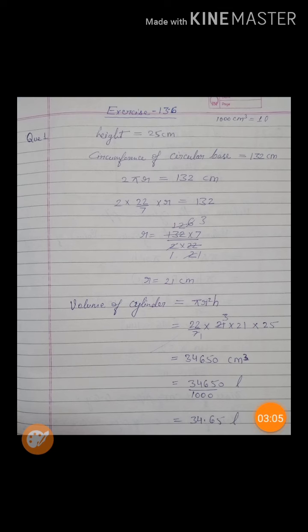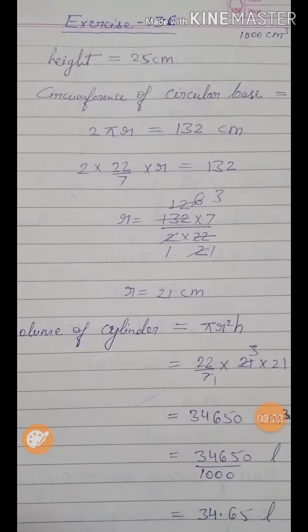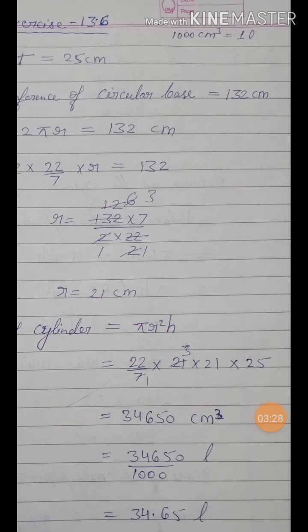Height is 25 centimeter, and the circumference of the base is 132 centimeter. The base is just like a flat circle. Firstly we shall write whatever is given in the question.